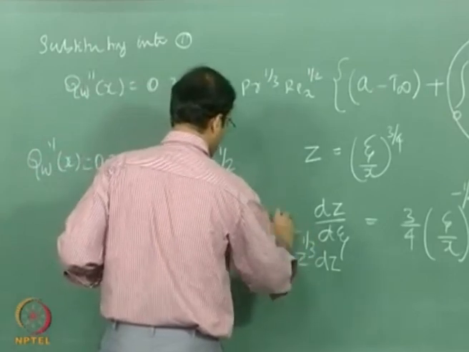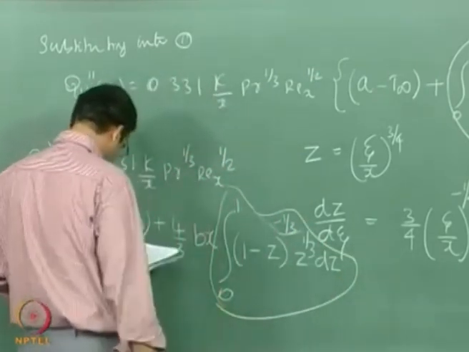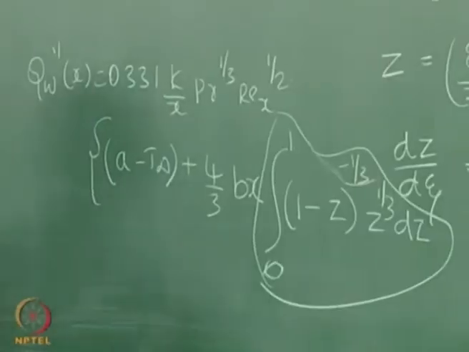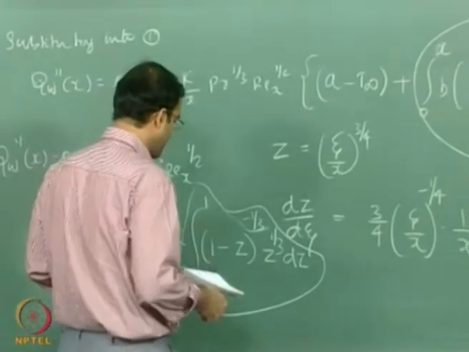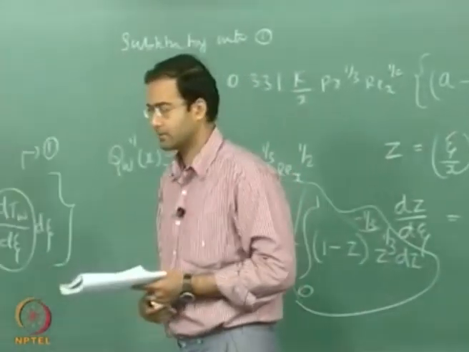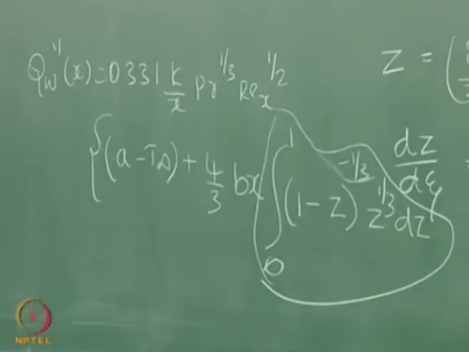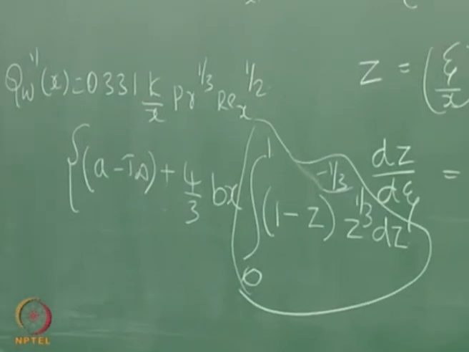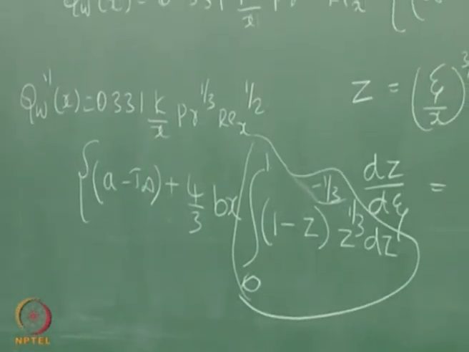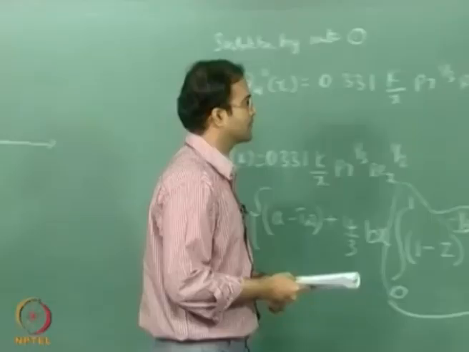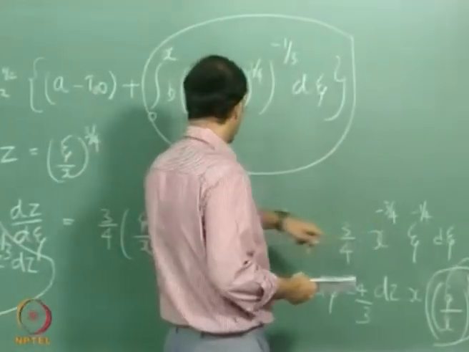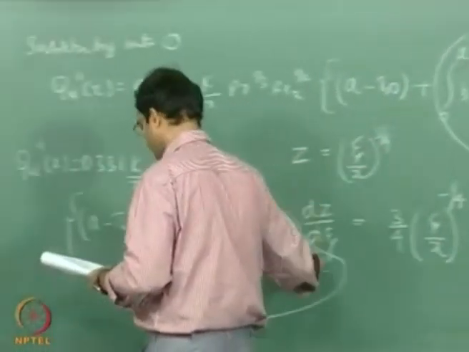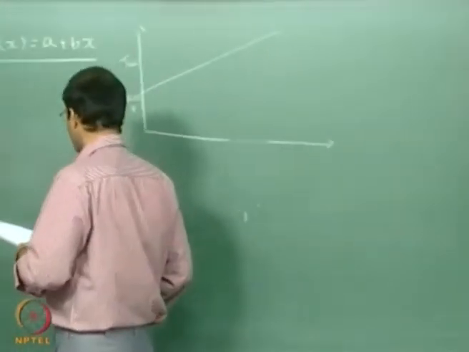Now how should I integrate? I will just give you the formula. This is of the form of what is called a beta function. Generally the problems with the Duhamel integral will be of the form of a beta function once you transform the variables from zeta to z.